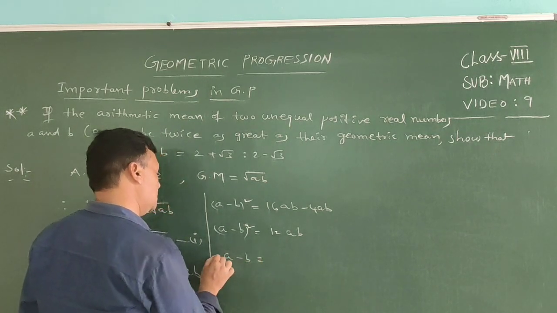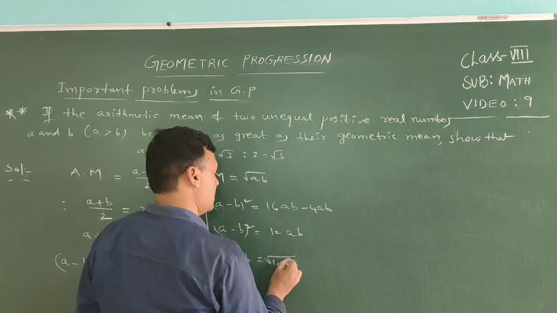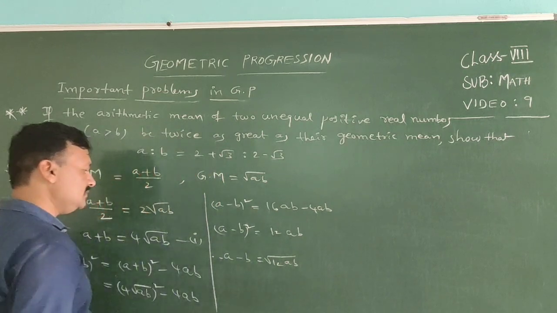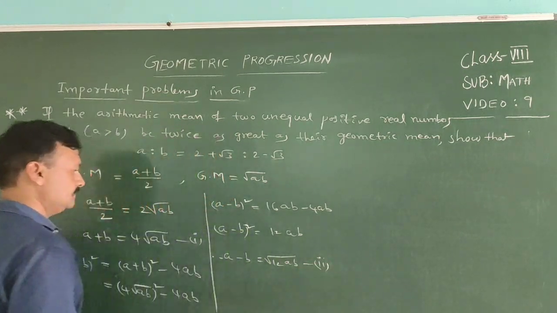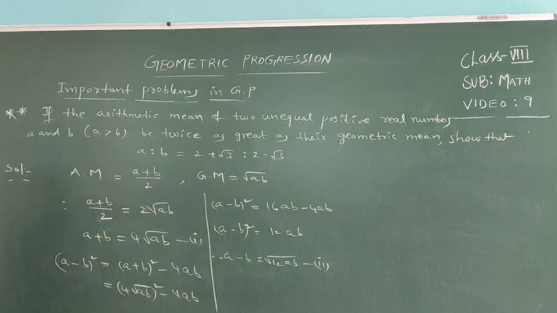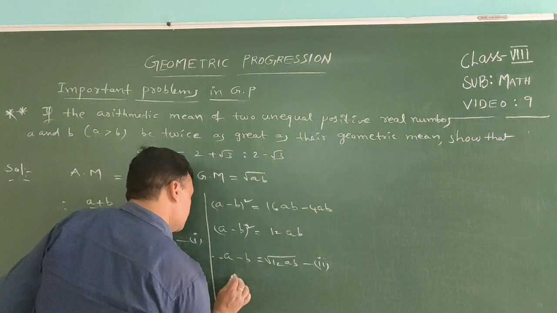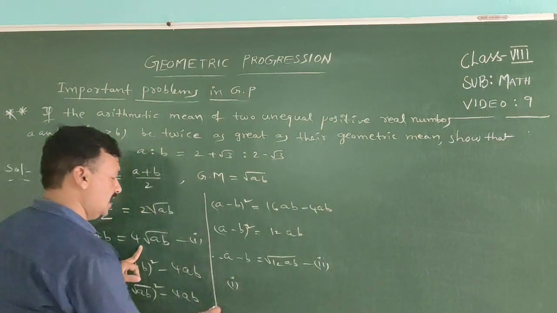Therefore, a minus b equal to root over 12ab. That is the second one. So here, the first one is a plus b equal to 4 root ab.